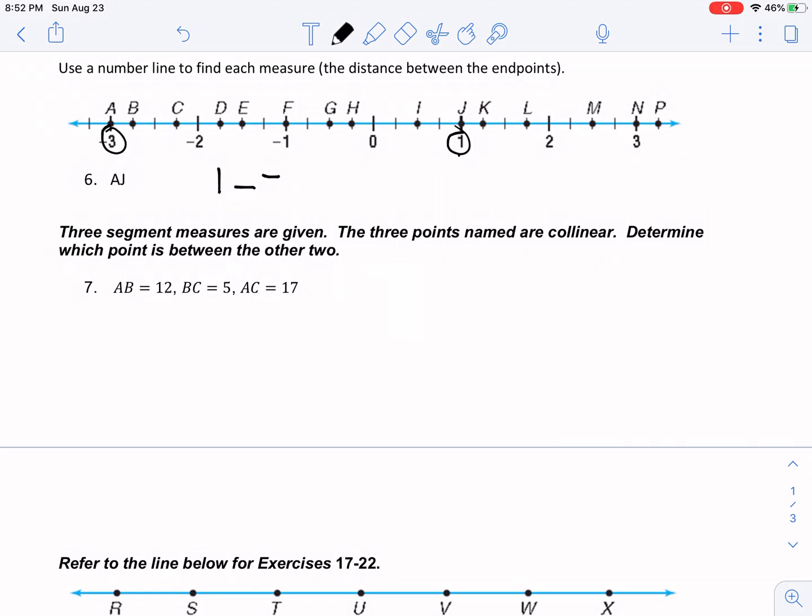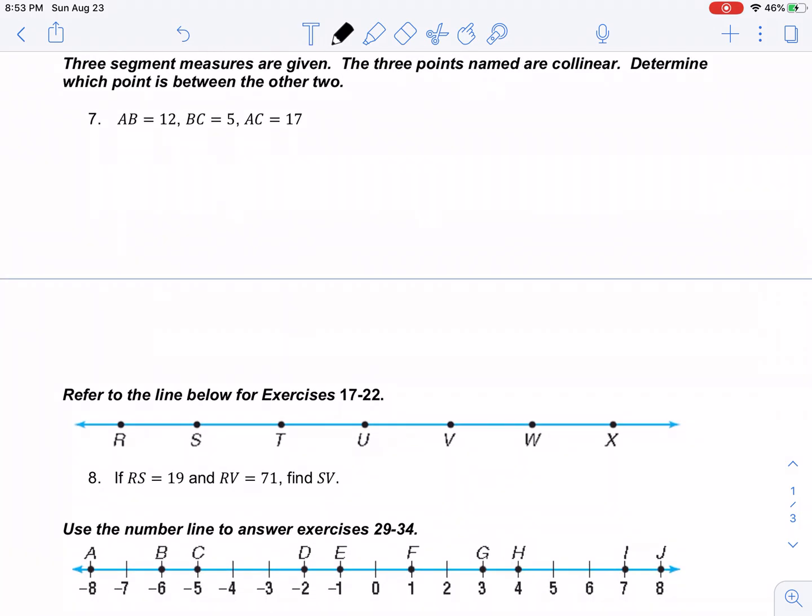Now, don't make this mistake. We're subtracting a negative because A is -3. So we're subtracting a -3. Well, what happens when you subtract a negative? It turns into addition, and we get 1 plus 3 is 4. So what is the measure of AJ? 4. Okay.